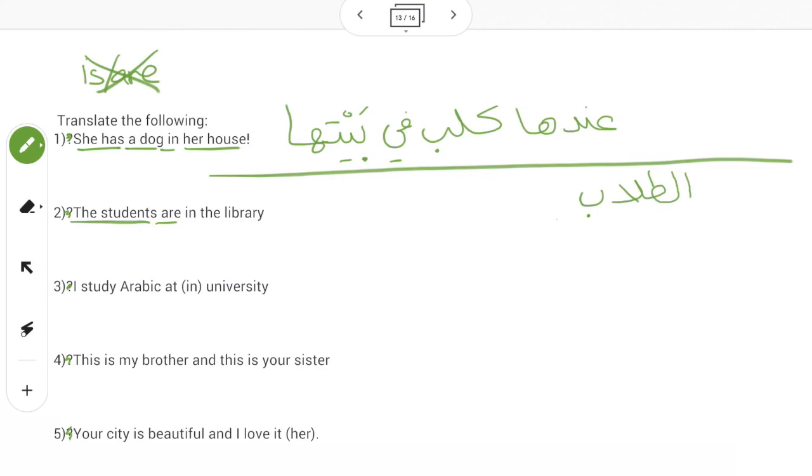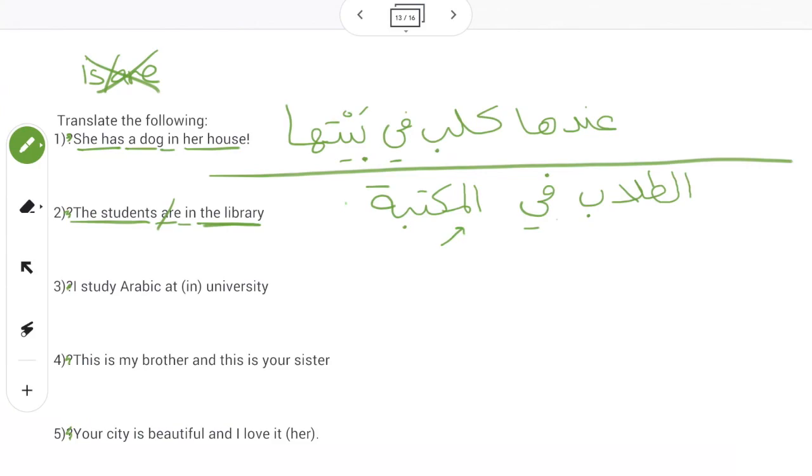So if you see is or are in a sentence, you can just ignore it and move on to the next word, because we don't use it the same way. So the students, fi, it implies are in. Are in the library. So that word has to have alif lam. Al-maktaba.